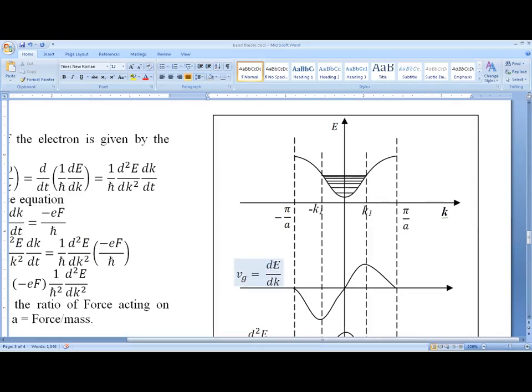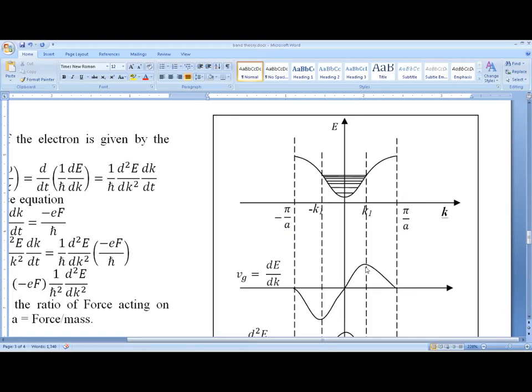Now we want to know the group velocity. Of course it has no physical meaning, but we are just trying to plot the slope dE by dk. So it is the slope of this graph. As already we know, this is 0, this is positive, and once again it is 0. So if you just sketch it here, slope here is 0, slope here is maximum positive, and slope once again became 0 here, like this.